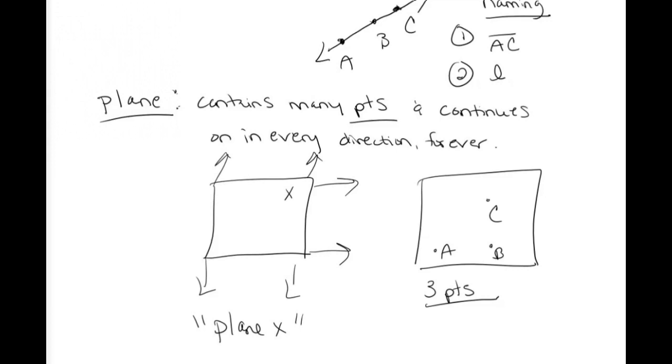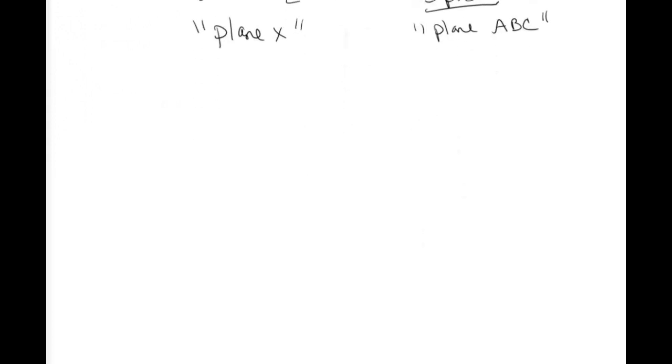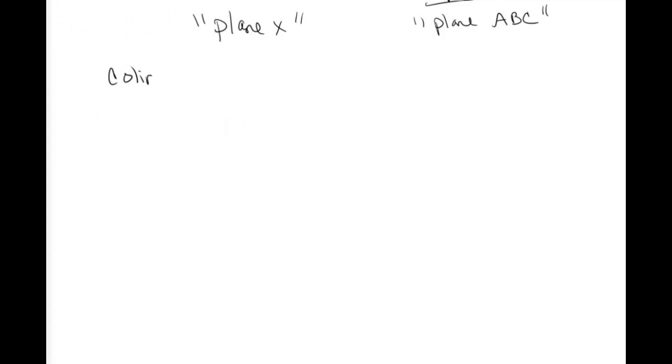And actually, they have to be 3 non-collinear points, but we're going to define that in a minute. So this could also be plane A, B, C. Okay, so 2 ways to name a plane, 2 ways to name a line. Certainly only 1 way to name a point, right? Okay, and then there's 2 other definitions that we need to be clear on here. So there's something called collinear.